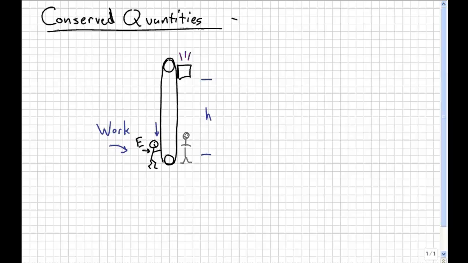So, by virtue of its position, it had some type of stored energy, which we will call gravitational potential energy.